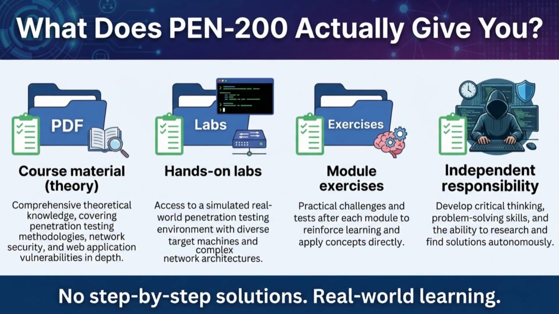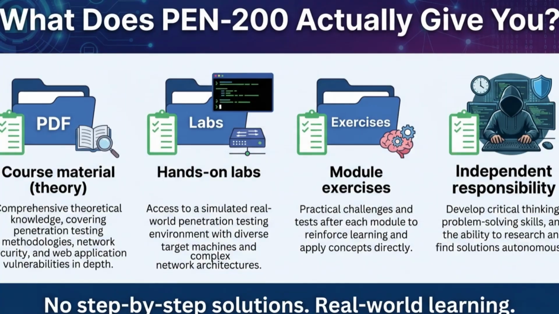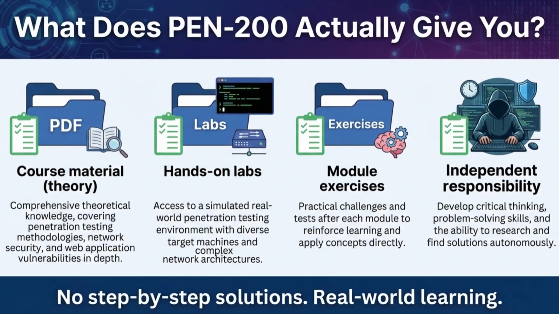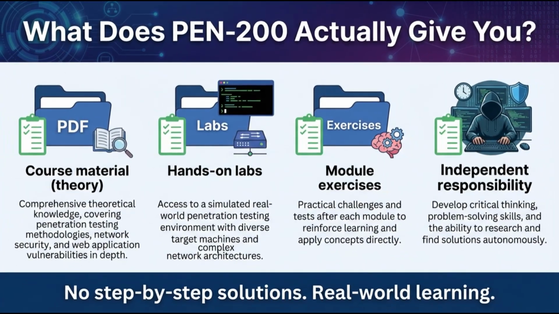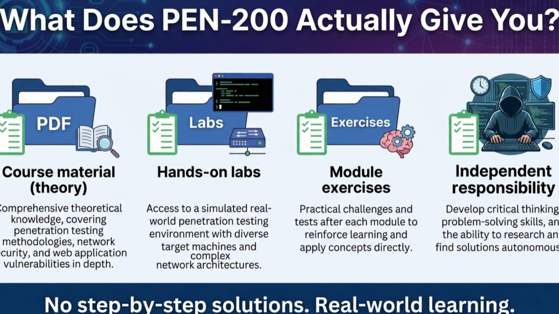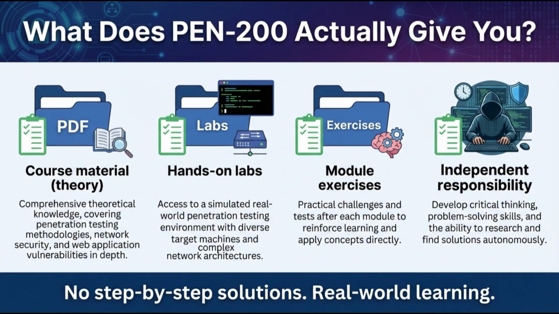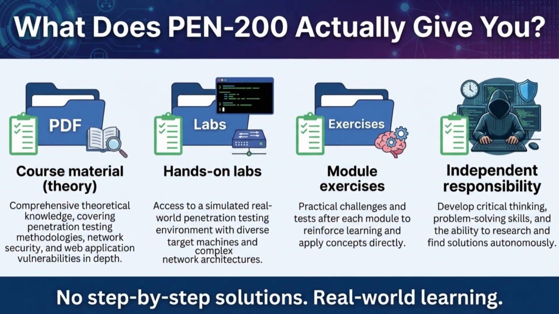The first thing OffSec wants you to do is understand what you actually receive in the PEN-200 course. This includes course material, lab access, exercises, but more importantly, it includes responsibility. OffSec does not give you step-by-step walkthroughs, guaranteed solutions, or hand-holding instructions.